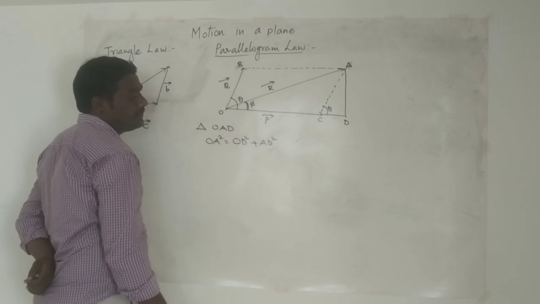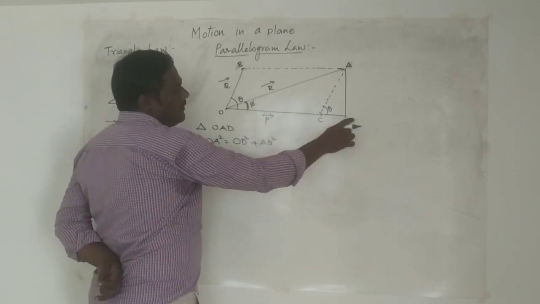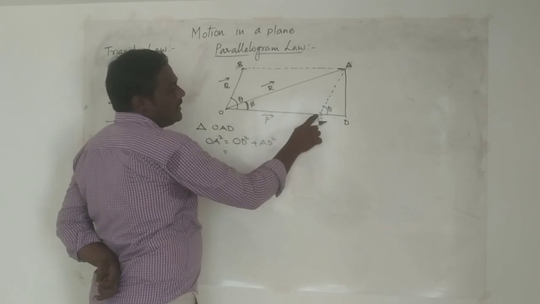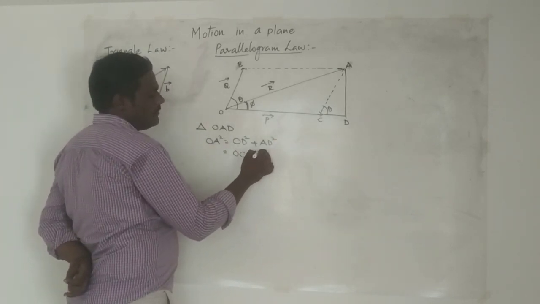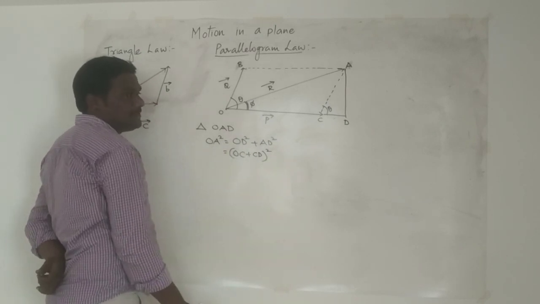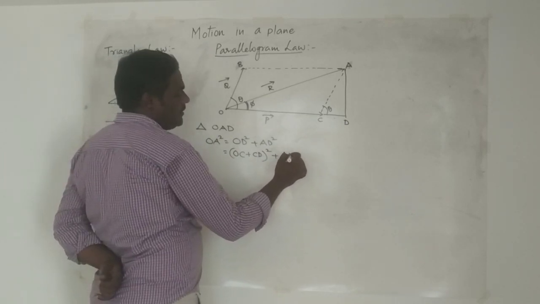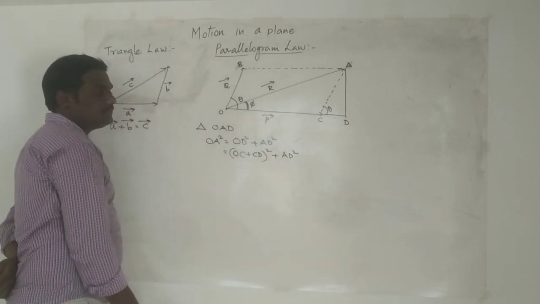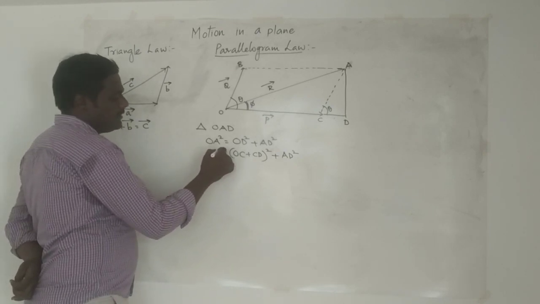Is it clear? Because this is one side OD square, this is another side AD square, that is equal to OA square. Now from the diagram it is very clear that OD can be written as OC plus CD. So (OC plus CD) whole square. This is OD, which I have replaced with OC plus CD, plus AD square. I will continue as it is. Now in the LHS you have OA square.